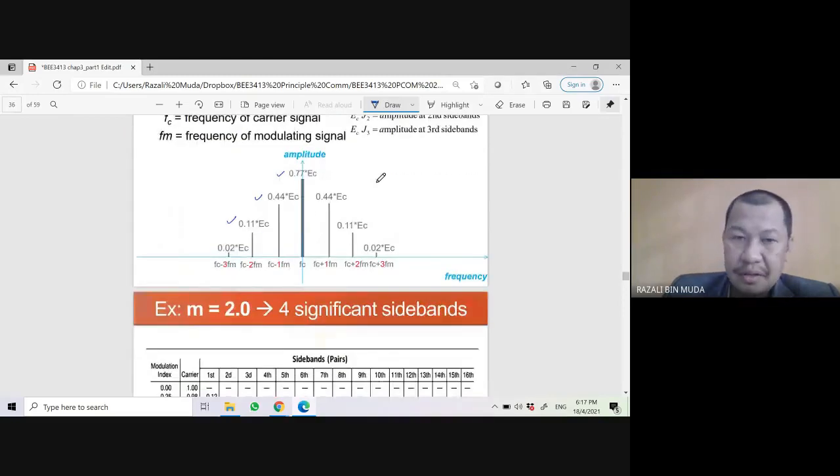This is the value from the Bessel table when you get the value of the modulation index, and this is multiplied by the amplitude of the carrier, EC. So you get the amplitude of the sideband.